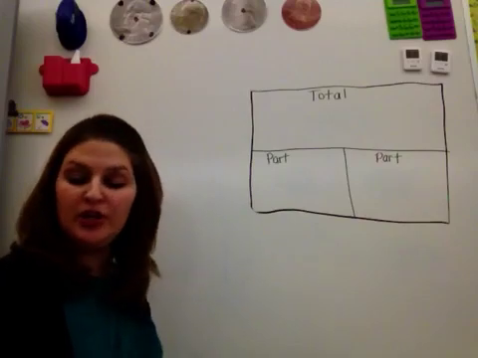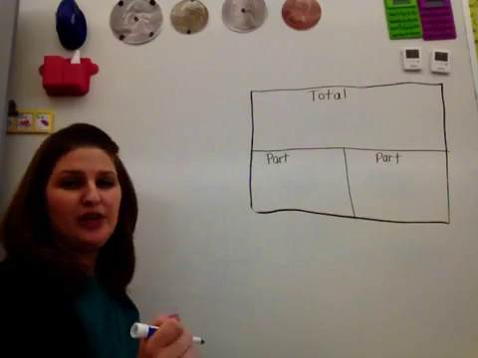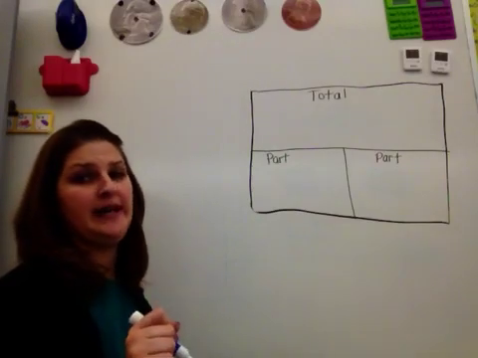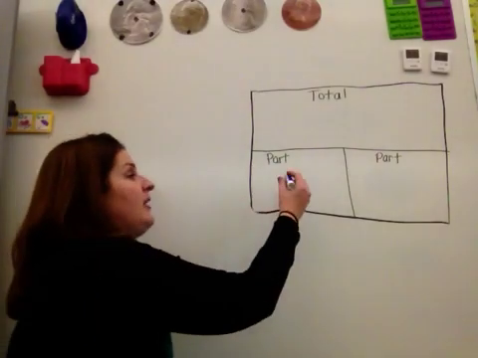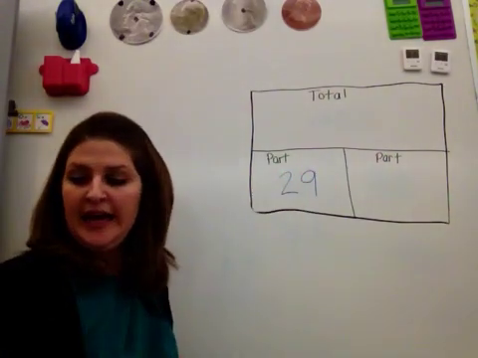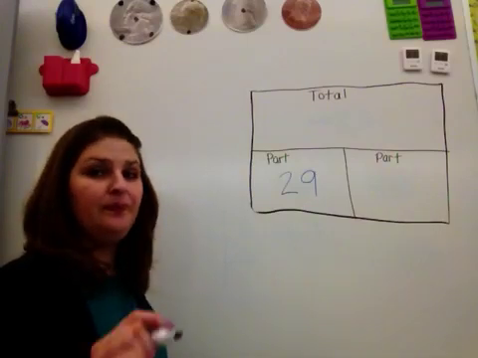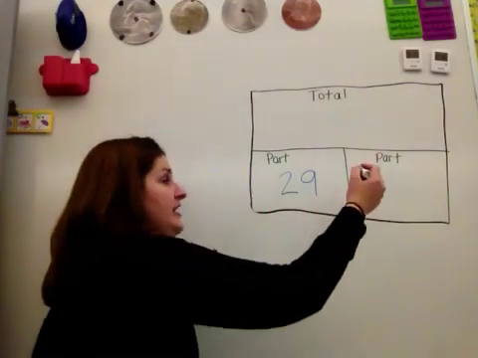So the toaster, if you look on page 96, is $29. So if you think about it, where are we going to put that 29? In the parts section. And the CD player, if you look on the page, is 25. We're going to write that number in the other part.